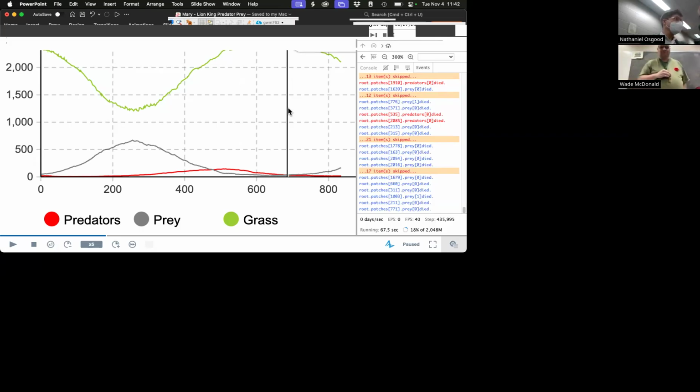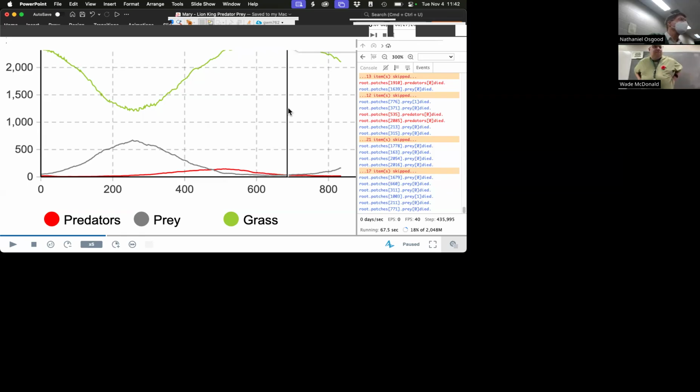So Akshina was asking if that intersection between the prey and the predators was correlated with the peak of the grass? That's correct. Or I guess we started the decline in grass, but that's also because the prey's going up. Right.